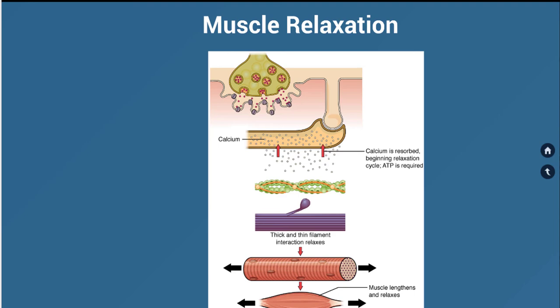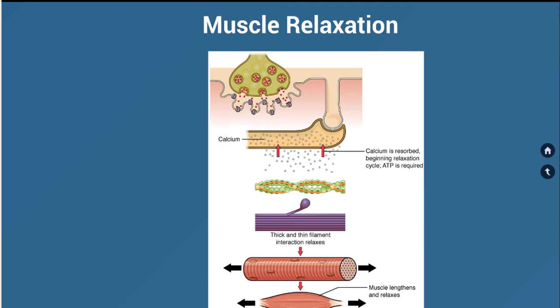Calcium is pumped back into the sarcoplasmic reticulum, as I said, which causes the tropomyosin of actin filaments to reshield the binding site on the actin strands. A muscle may also stop contracting when it runs out of ATP and becomes fatigued.